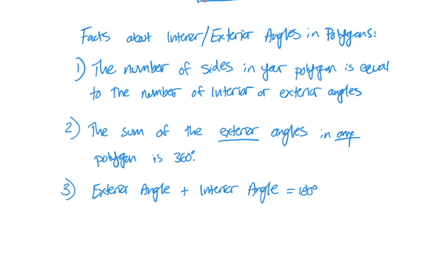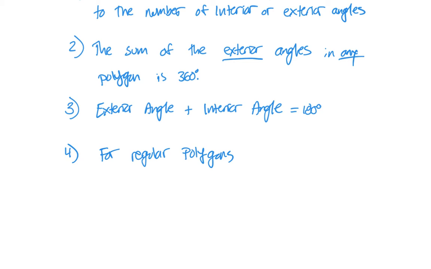Then, the last little bit of information, and this is merely for regular polygons only. So all of the stuff up above was for any kind of polygon, but now this is specific for regular polygons. The measure of one, and I'm going to underline one here, the measure of one interior angle is equal to the following: n minus 2 times 180.